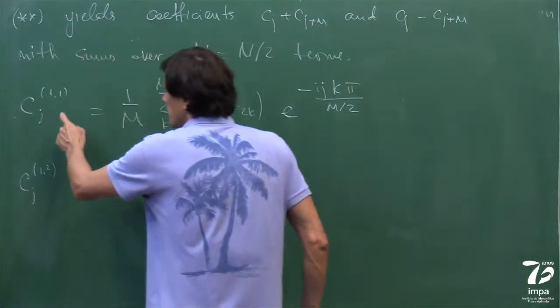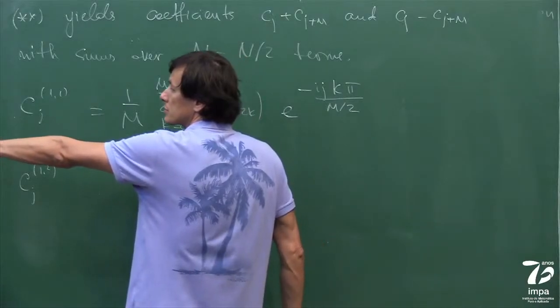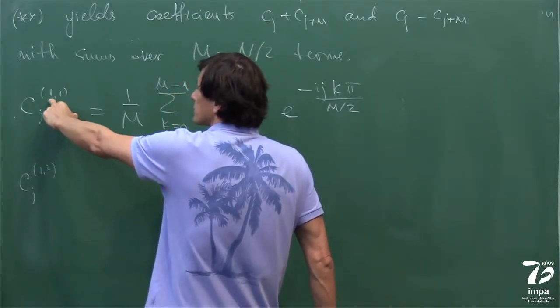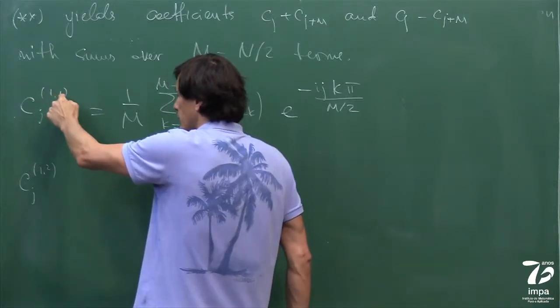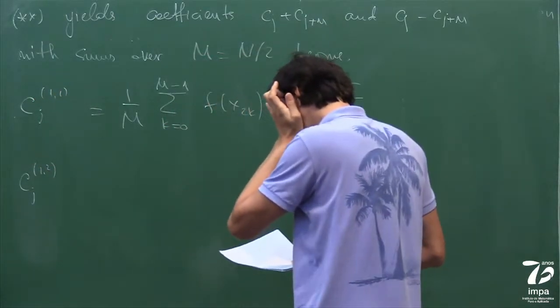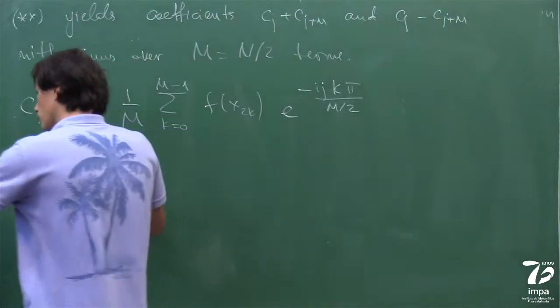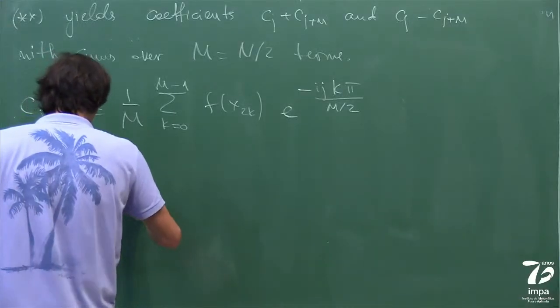So j is the number of the coefficient. The 1 means that it's the first level, the next level, and 1 or 2 means the first group or the second group. So we write that second expression.